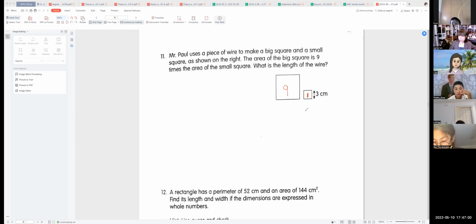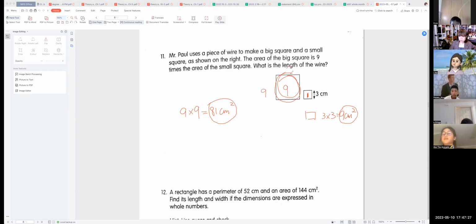So now what is the area of the small one? 3 times 3 equals 9 centimeters square, right? So if the smaller one is 9, so the bigger one will be what? 9 times 9 equals 81 centimeters square. So if the bigger one is 81 centimeters square, so each of the sides will be what?